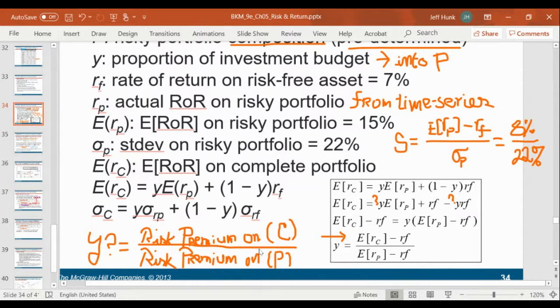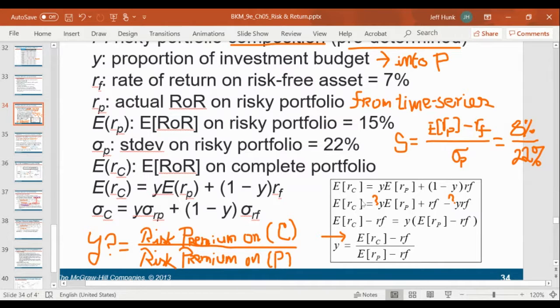Think about it with logical reasoning: the risk premium on the complete portfolio would be smaller than the risk premium on the risky portfolio.